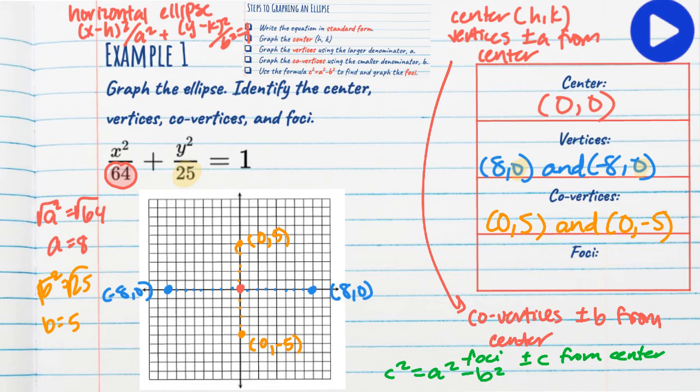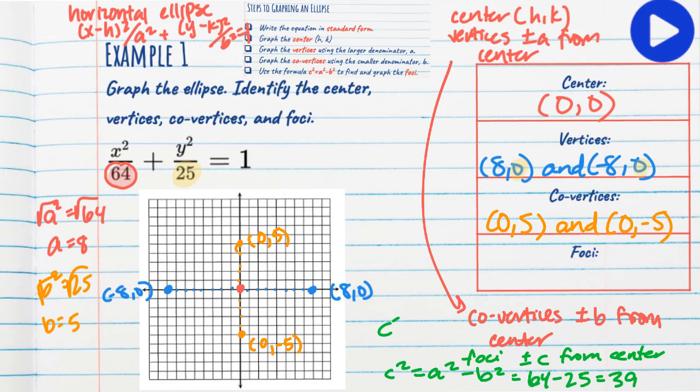Well, this is going to be pretty easy to do because we already know that a is 8, so a squared is 64. And we already know that b is 5, and 5 squared is 25. So 64 minus 25 is 39.